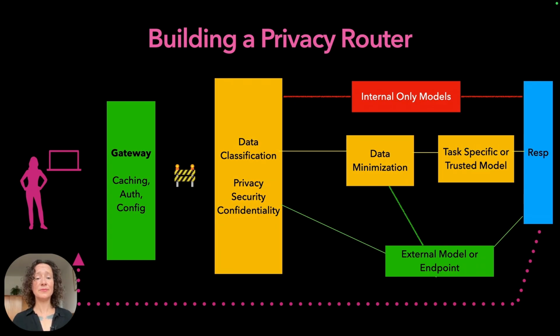There's plenty available. But based on either privacy, security, or confidentiality, or some combination of all that, you're basically going to decide: this is code red. This only goes to internal models, right? Because it's really that private. You could decide yellow. We're going to try to minimize the data.